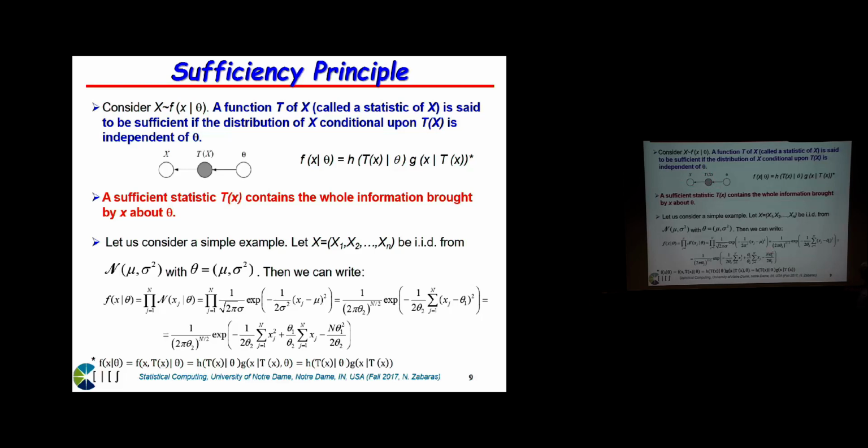So the way that we introduced it with a common sense language was that T of x is everything I need to know to compute theta. All right? So if somebody gives you another information about x, it is not relevant for the calculation of theta.